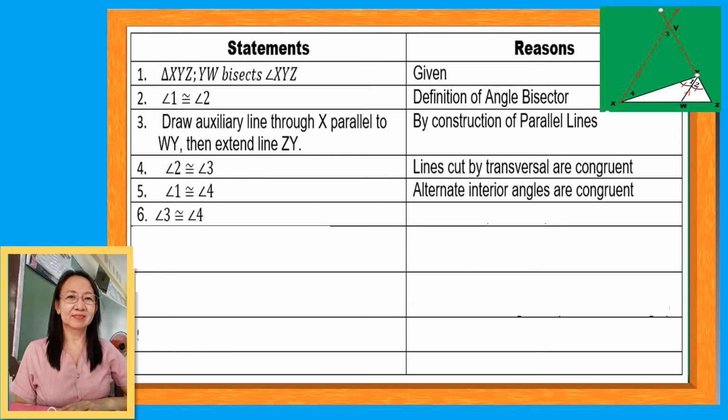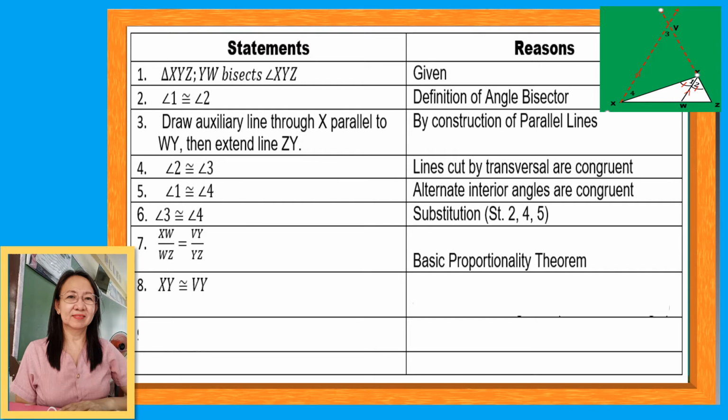Now we can say that angle 3 is congruent to angle 4. So using our statements, numbers 2, 4, and 5, by substitution, we can see the congruency between the two angles. Now XW is to WZ is equal to VY is to YZ. That is our basic proportionality theorem application.